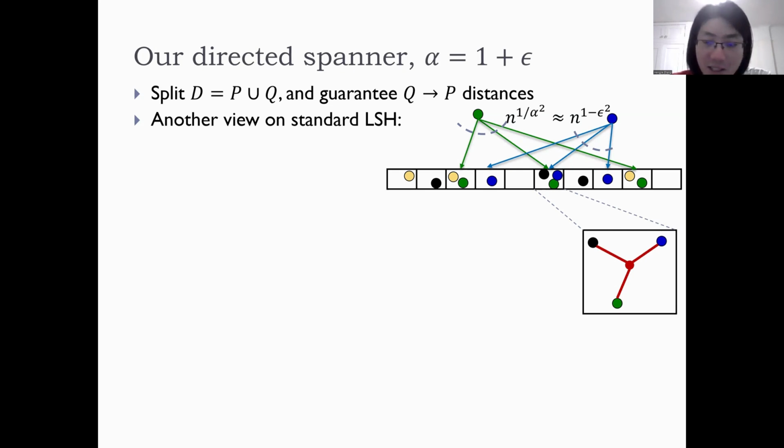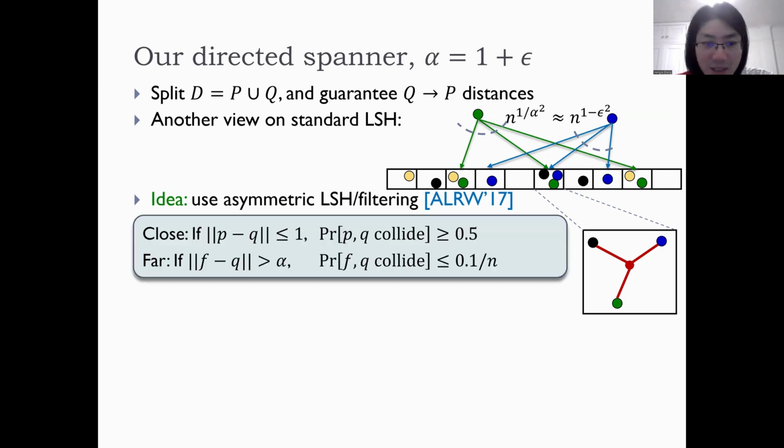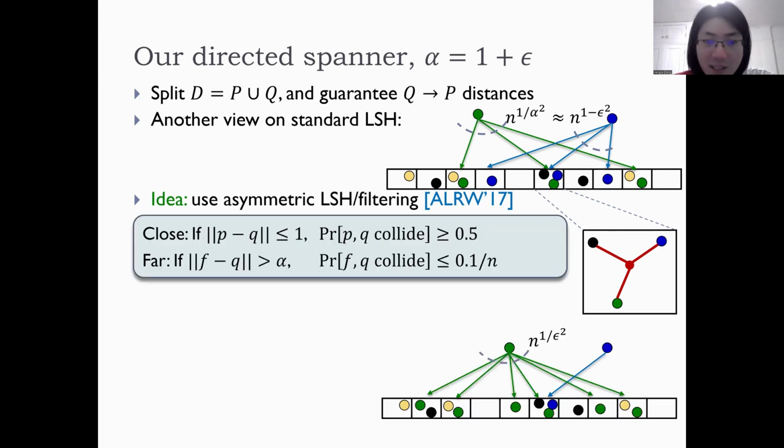However, there's still an issue: the far point, this black point, also falls into this bucket. We use asymmetric locality-sensitive hashing to get rid of this problem. For the asymmetric locality-sensitive hashing, we take it to an extreme, such that in the pre-processing phase, a point can be put into so many buckets, which is n to the 1 over epsilon squared.